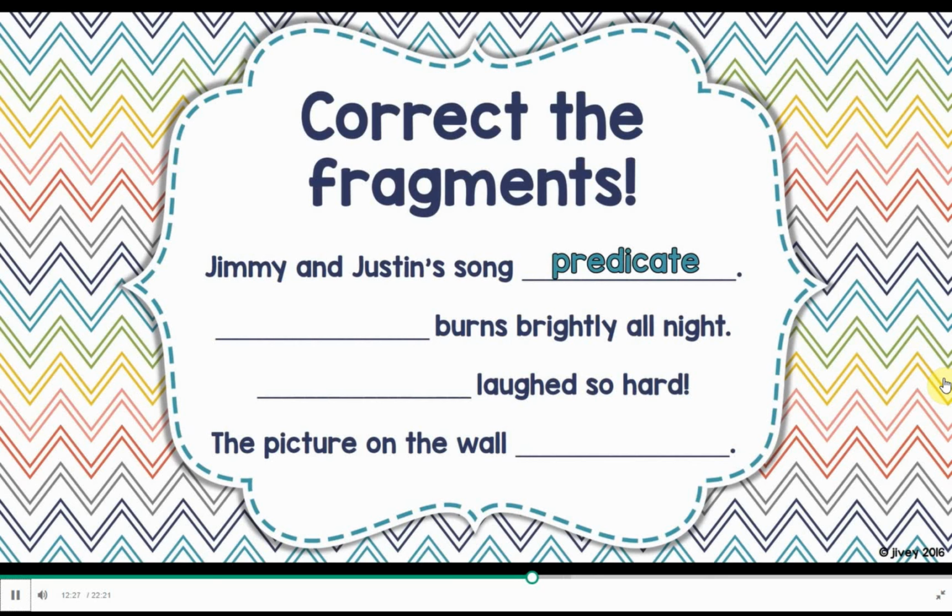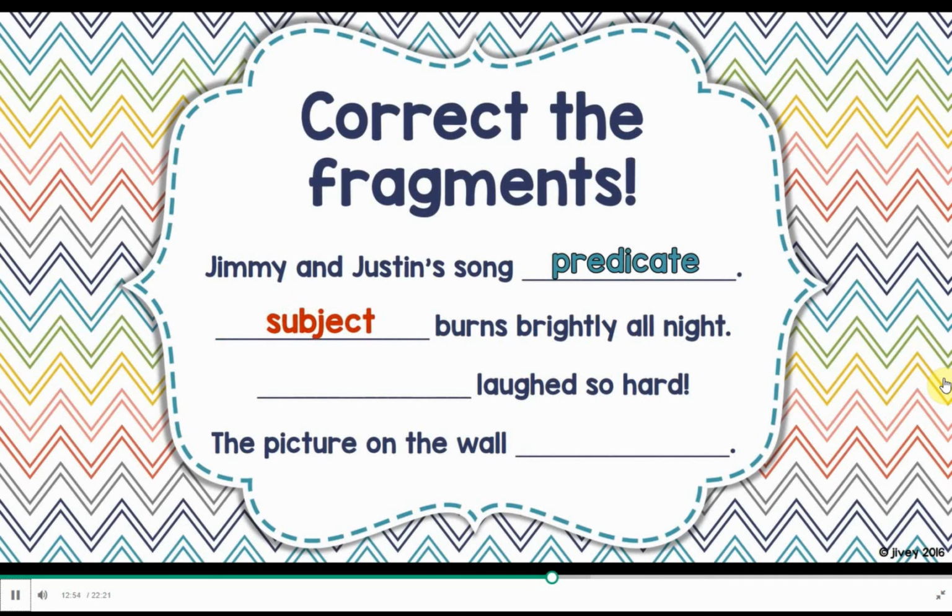Let's look at the second sentence. Something burns brightly all night. Well, night is a noun, but that can't be what the sentence is all about because the night doesn't burn, and burn is my verb. Burns brightly all night. What burns brightly all night? Oh, that must mean I'm missing a subject.